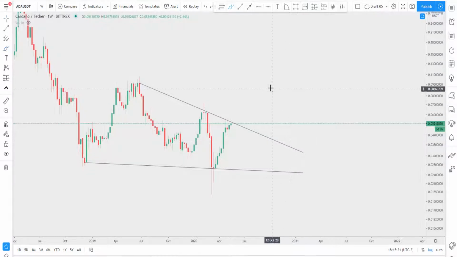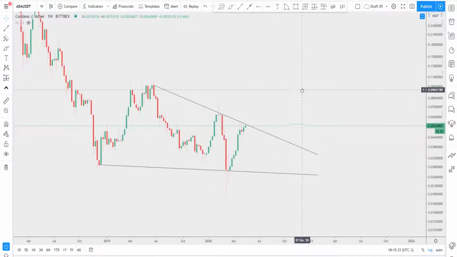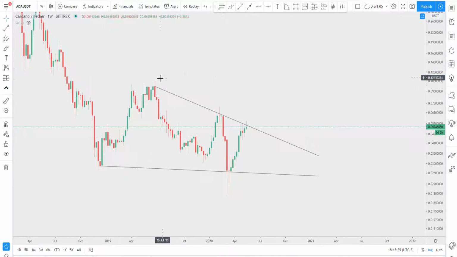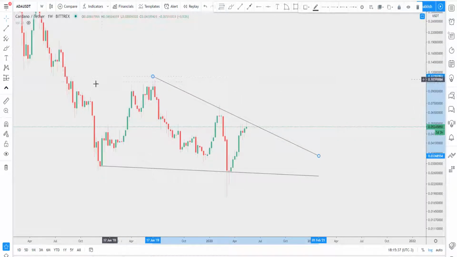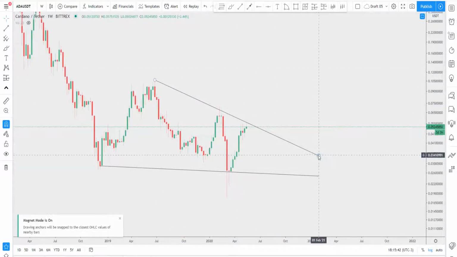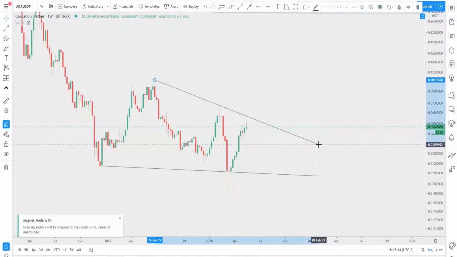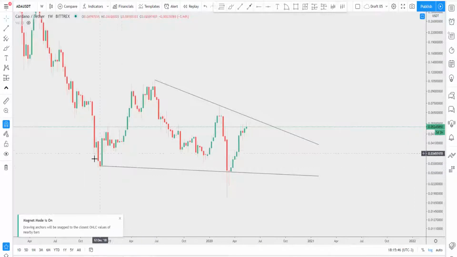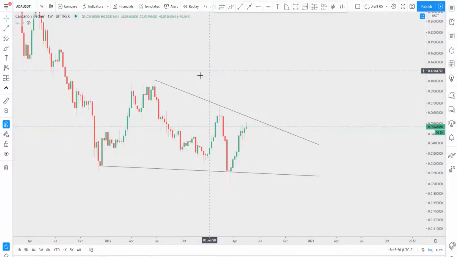Okay, so when you are drawing your patterns, have something like this for a better understanding, so you don't end up on the wrong side of the trade. Okay, I'm not going to do the bottom line, only this one here, so you guys will understand the example properly.